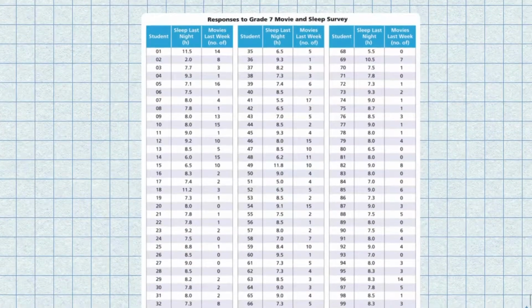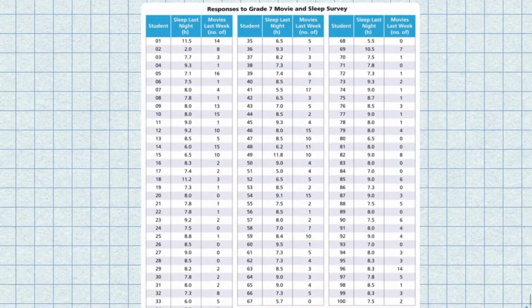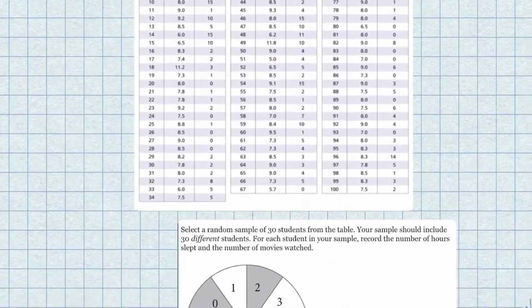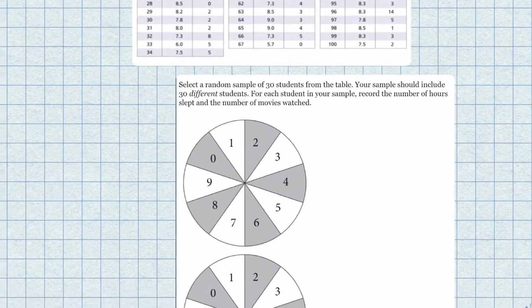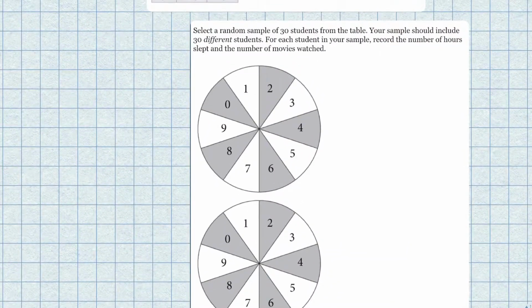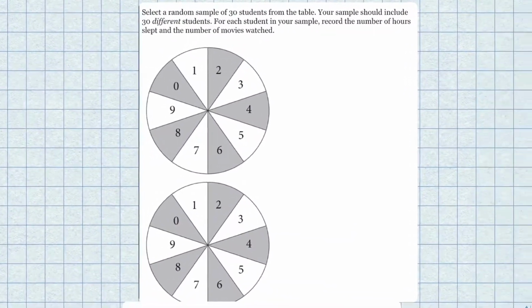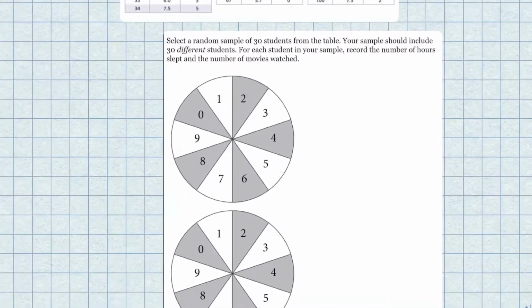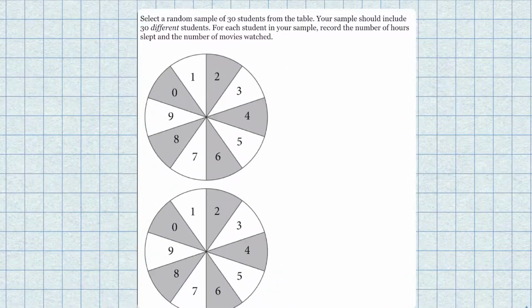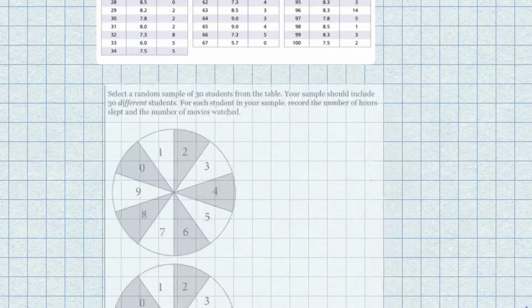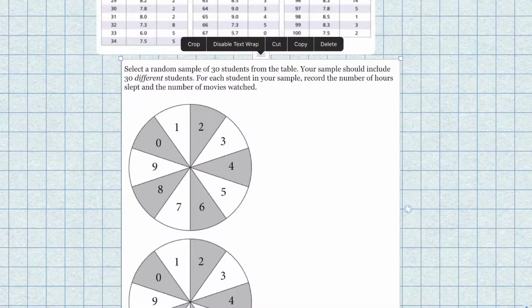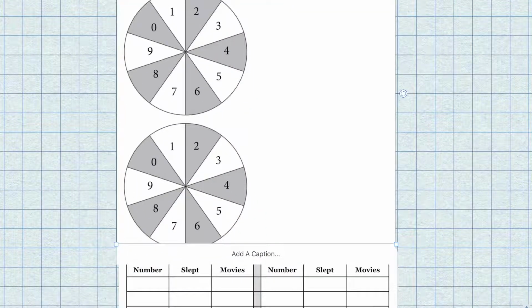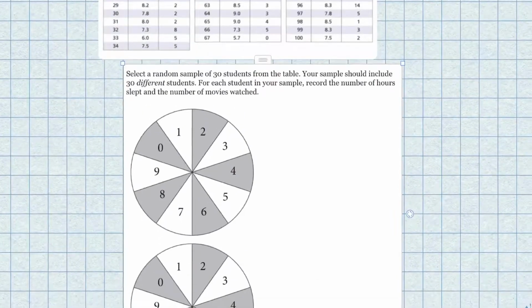It has 100 students. Then right below it, I want you to paste in your pinwheels. Yours should look a little different than mine. Actually, mine is sideways compared to yours. Your wheels are side by side, whereas mine are on top of each other.